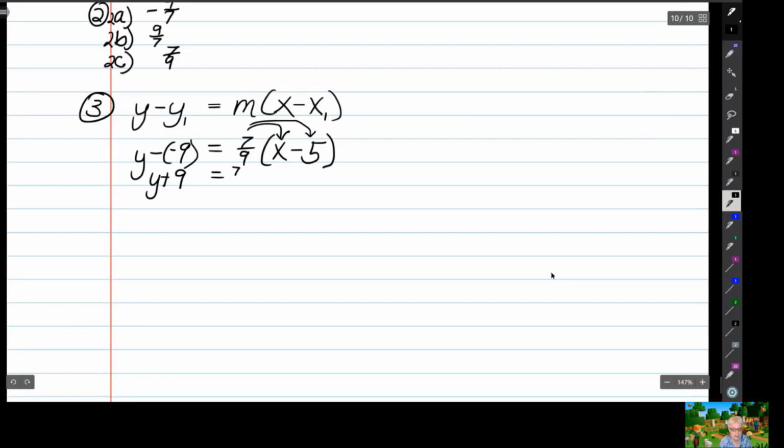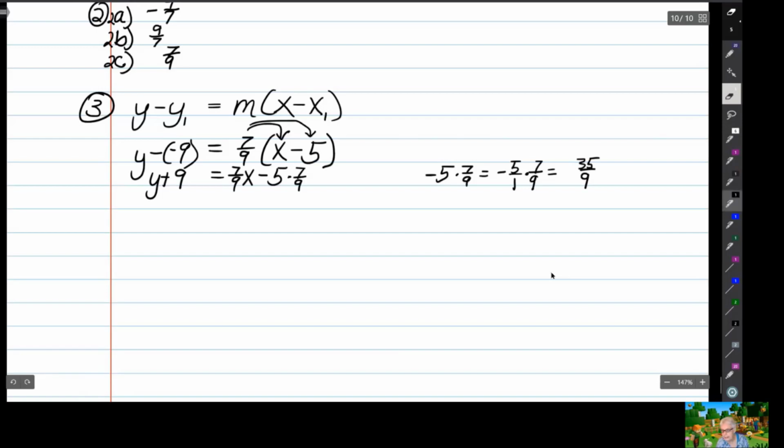7/9 x minus 5 times 7/9. Now minus or negative 5 times 7/9 is negative 5/1 times 7/9. That will be negative 35 over 1 times 9 is 9.